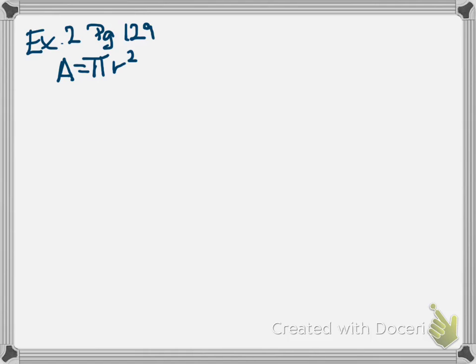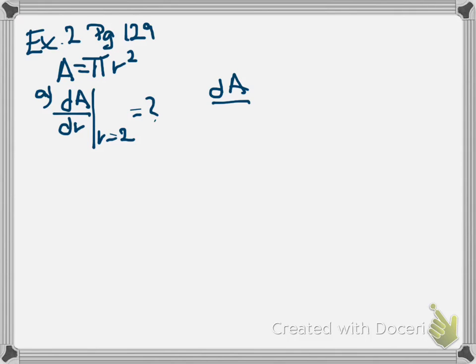In letter A, you have to compute dA, the change in the area with respect to the change of the radius, when the radius equals 2. That means the instantaneous rate of change at r equals 2. And you also have to calculate dA on dr when r equals 5.